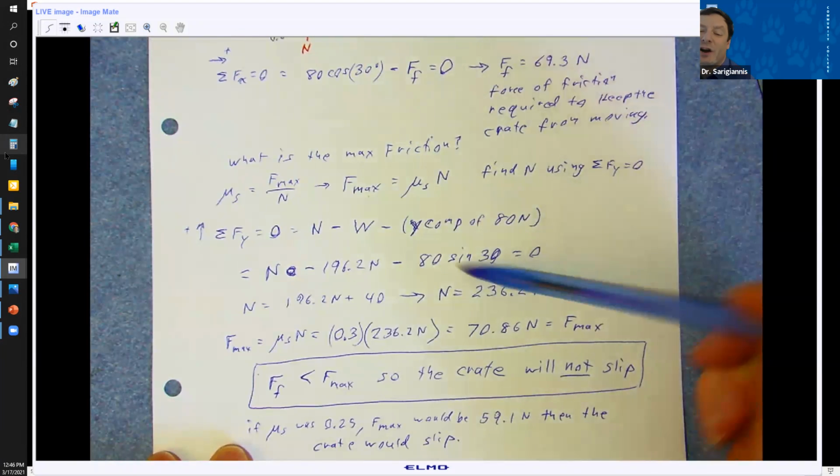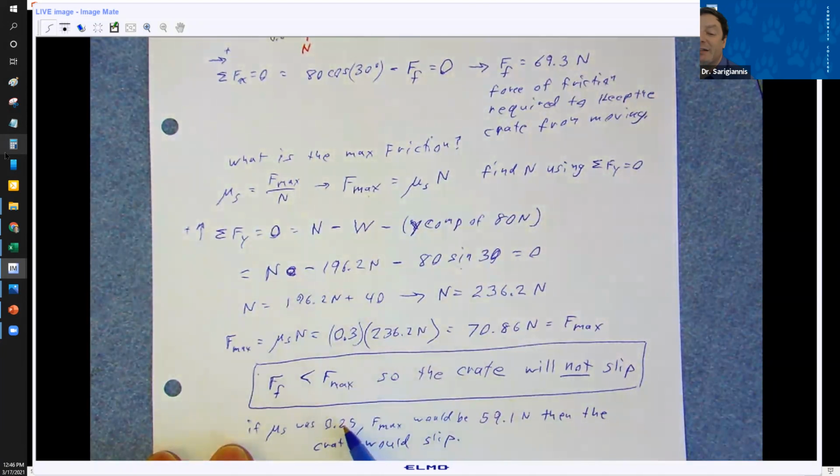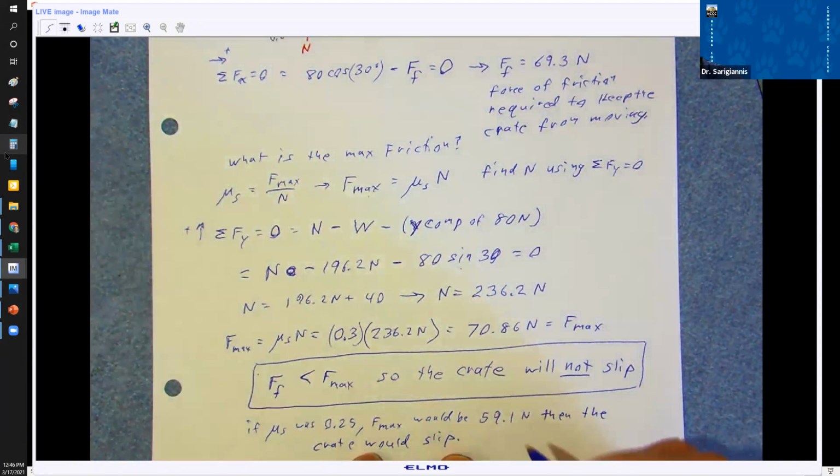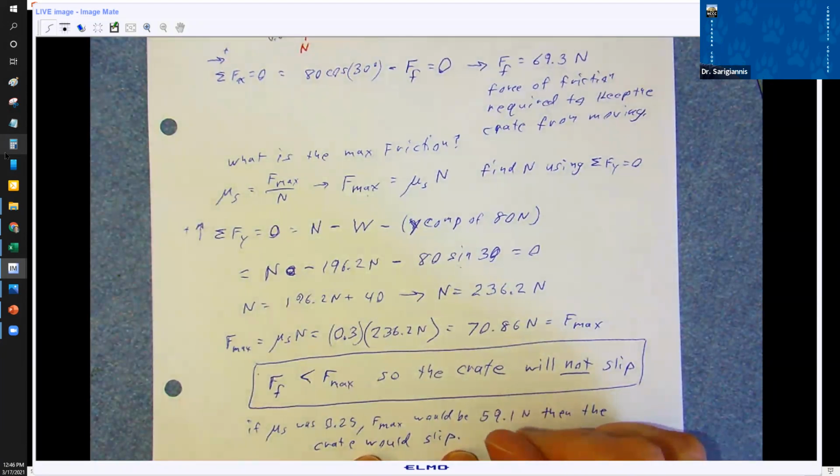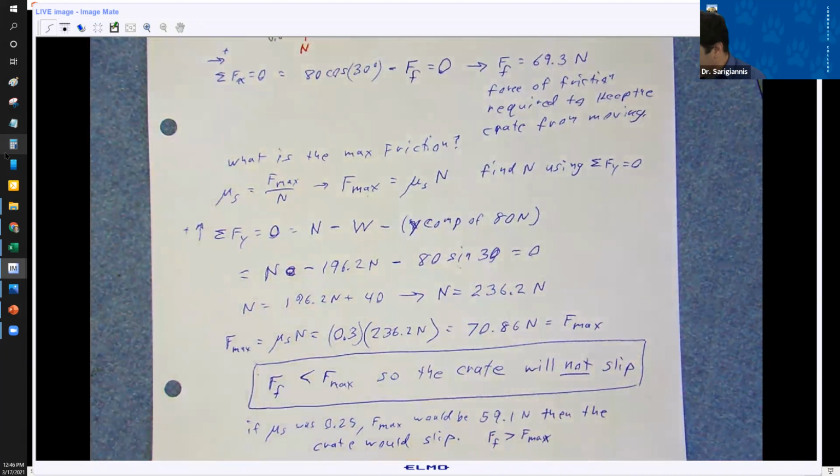Well, if our coefficient of friction was less, right, like 0.25, we would only have a maximum force of friction of 59 newtons. And that would not be more than the force of friction, right? So in this case, force of friction would be greater than F max, and the crate would slip.